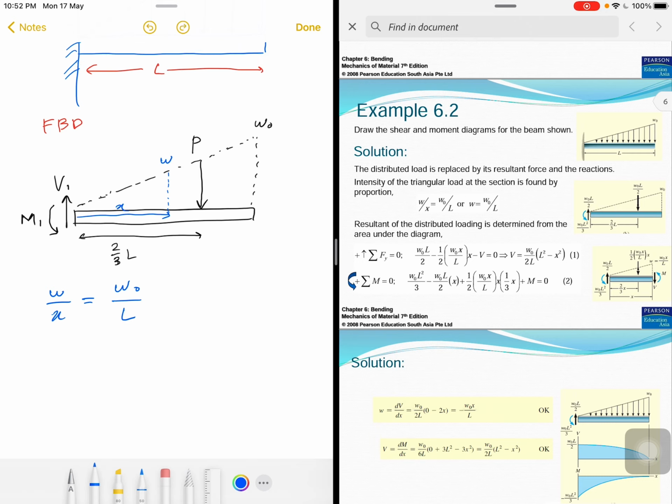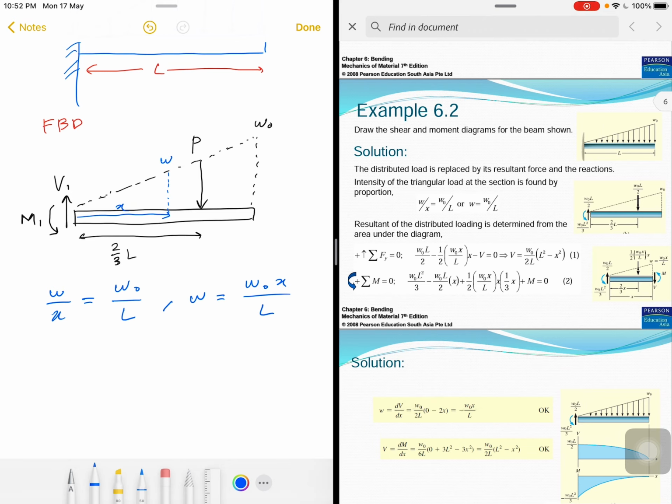So we can get the equation for W, which is W naught X over L. So the value of W is changing with the value of X.